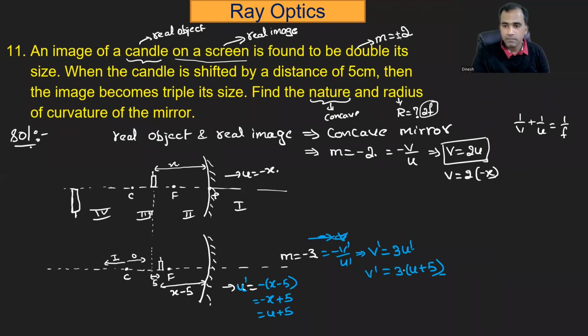Okay, agreed. Now with the information that we have, v equal to 2u.